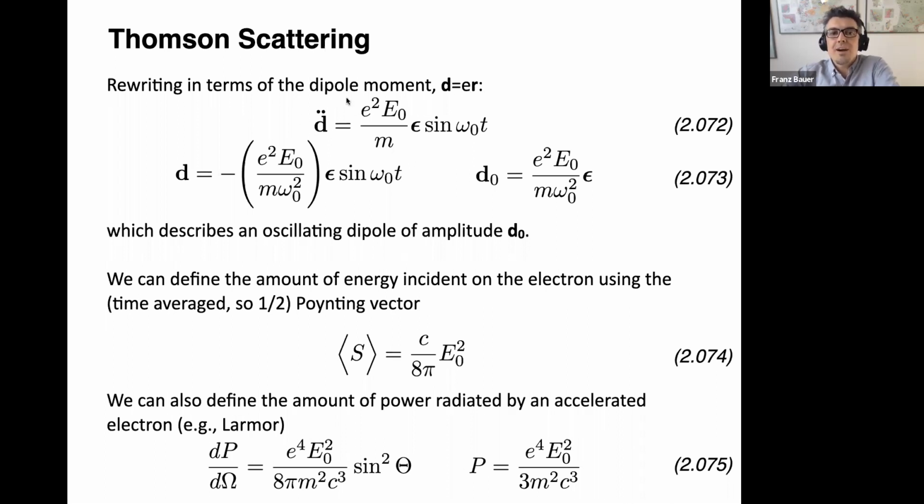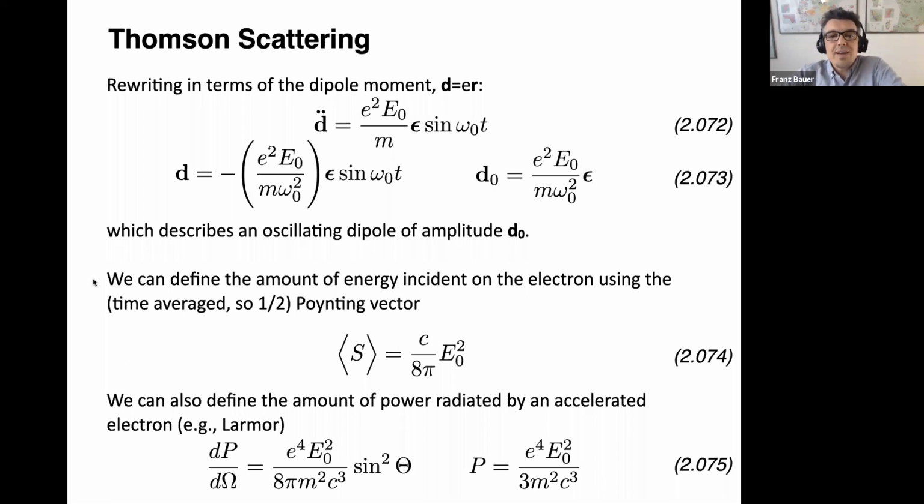And so our acceleration is just the charge squared, the amplitude of the electric field divided by the mass, this unit vector, and this oscillating component. And so our dipole, we can solve that, and our dipole equals something which looks like this. And we can define the amplitude of the dipole as just this quantity here, all of our constants and the unit vector.